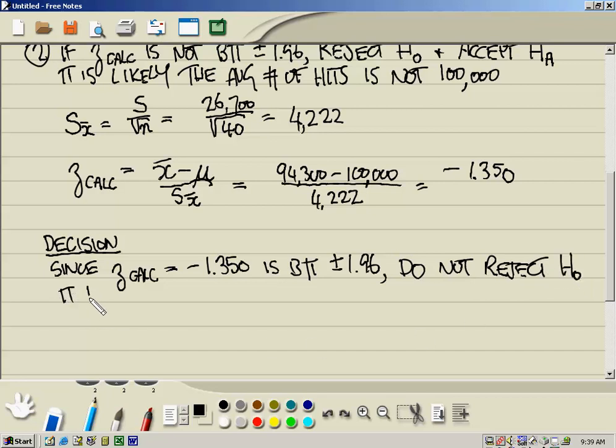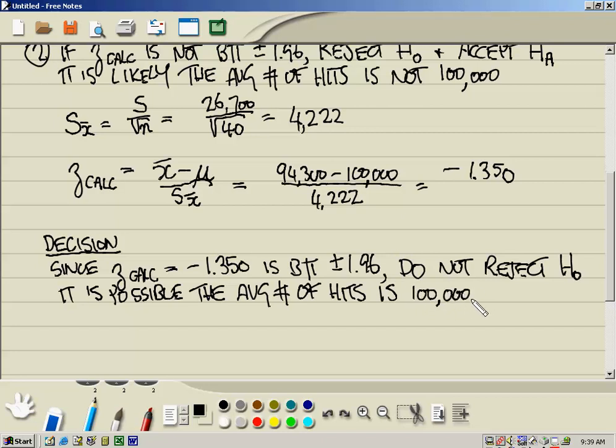And the interpretation is possible. The average number of hits per day is equal to 100,000. And that's the end of our two-tail averages test using z-values.